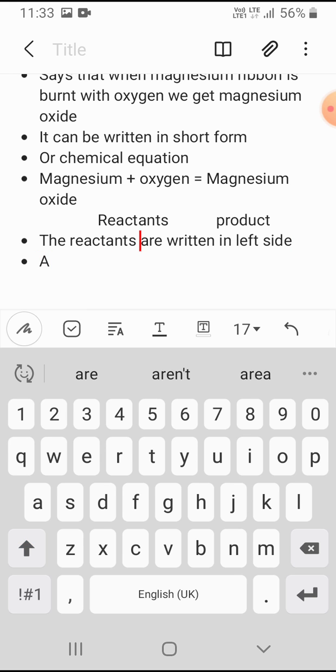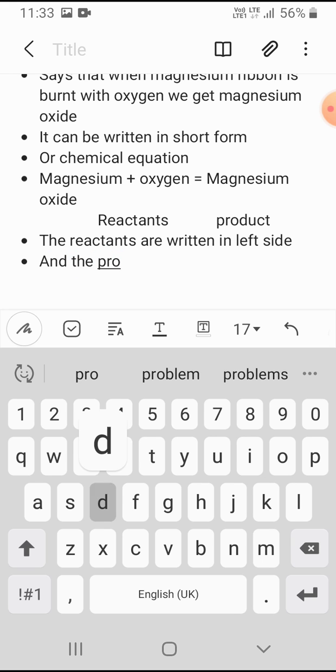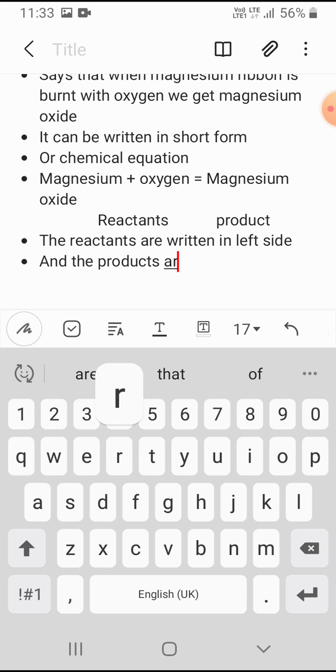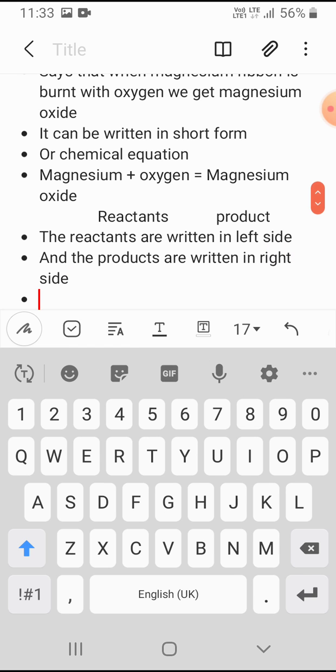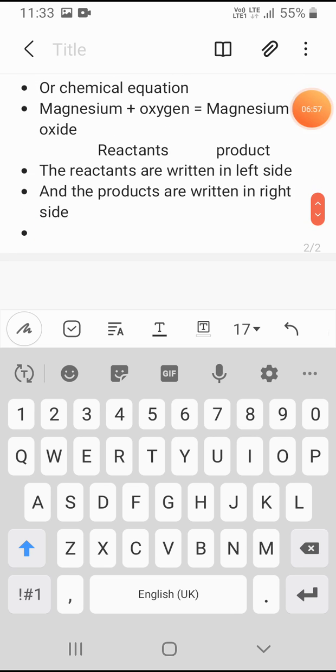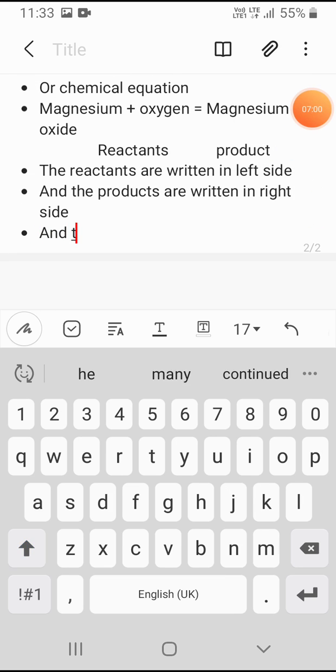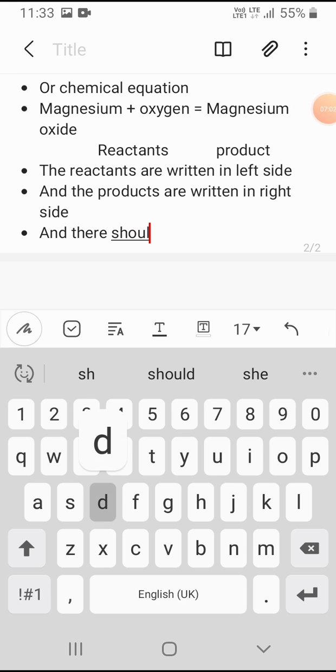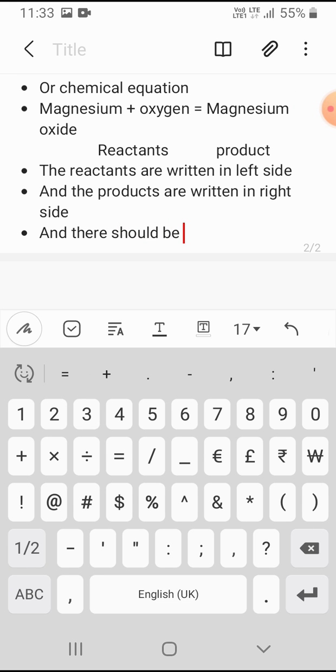The products, the things we get from the reactants, are written on the right side. You have to remember how to write the chemical equation. There should be a plus symbol between both the reactants.